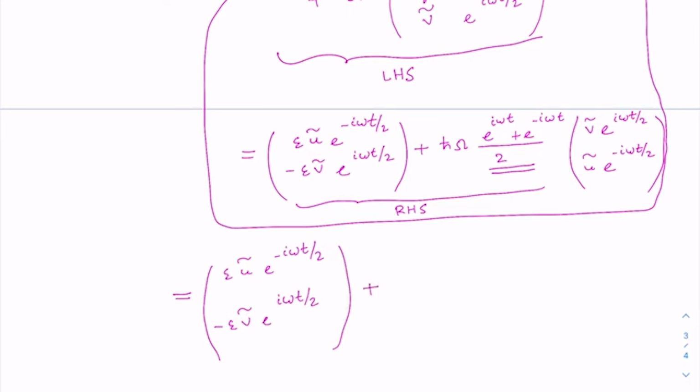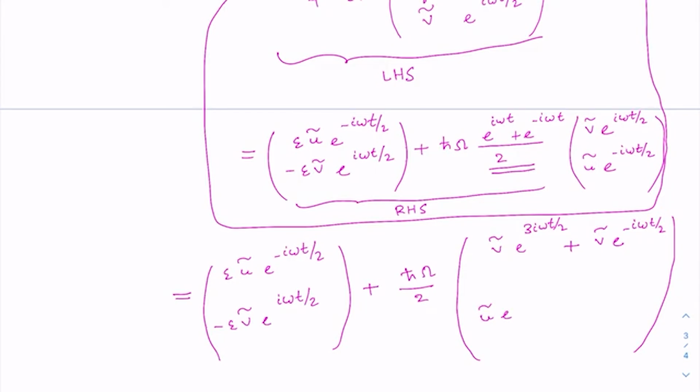And this term I can write, keeping h cross omega by 2 here, in the upper row v tilde e to the power 3I omega t by 2 plus v tilde e to the power minus I omega t by 2, and in the lower row u tilde e to the power plus I omega t by 2 plus u tilde e to the power minus 3I omega t by 2.